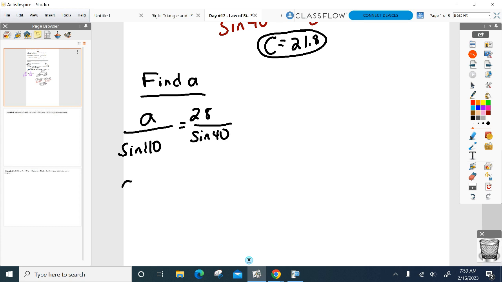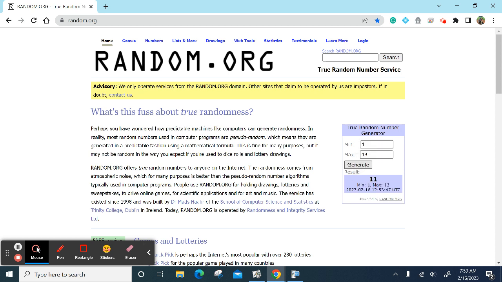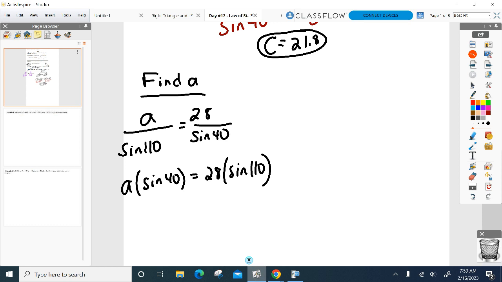So cross multiply: A times sine 40 equals 28 times sine 110. How do I get A by itself?